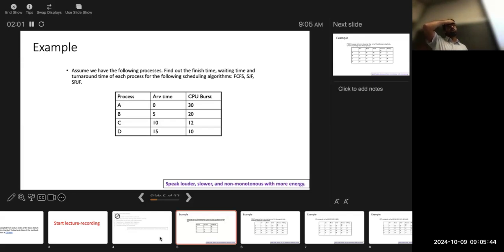Please do the example so it will help you to understand the algorithm itself.